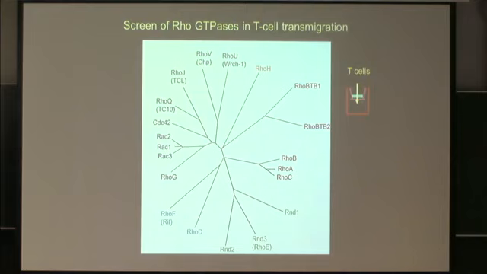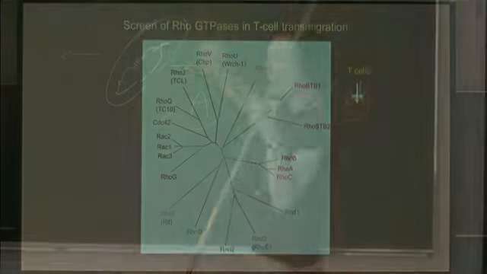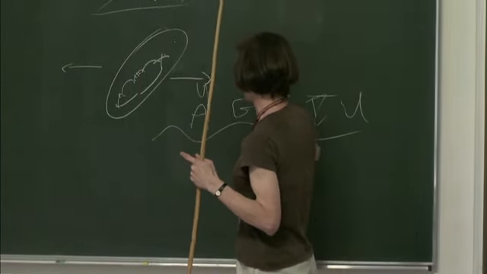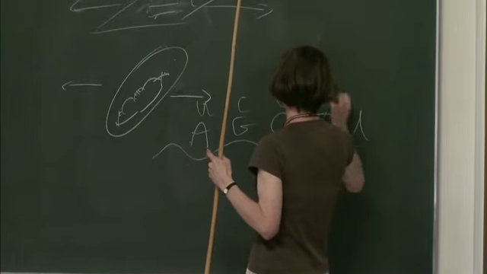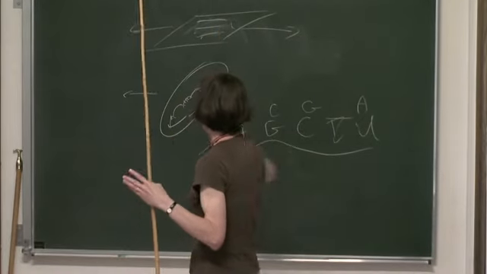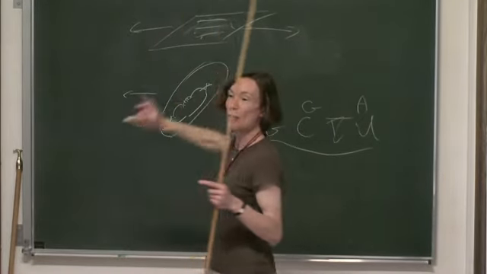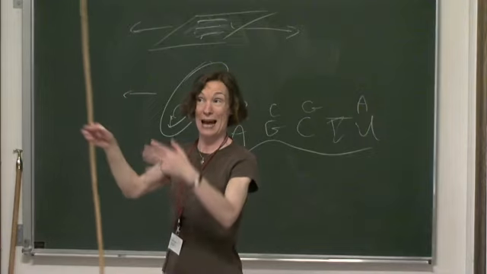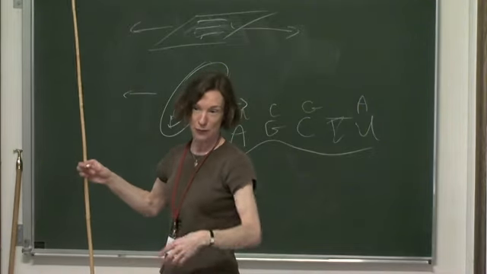So you have a messenger RNA which is made of A, G, C and U. And so what we do is we put in a small RNA that's complementary to the messenger RNA, except it's shorter. And this makes double-stranded RNA, and the cell recognizes that as being not normal and degrades it.